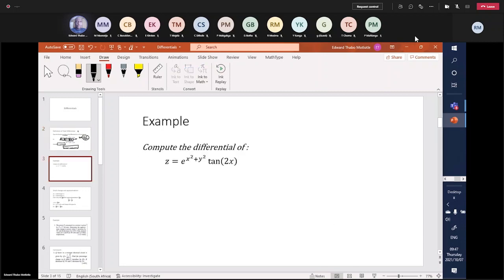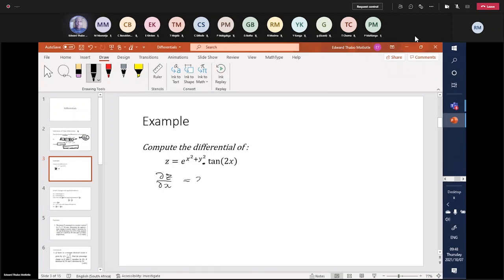Now, for example, they can ask you to compute the differential of z. If you look at z, it actually has two functions, so this means you're going to use the product rule. You start by differentiating z partially with respect to x, using the product rule.